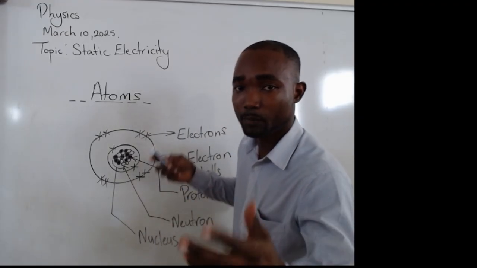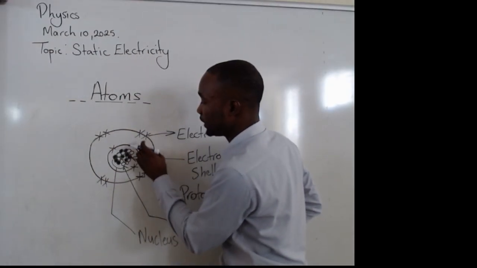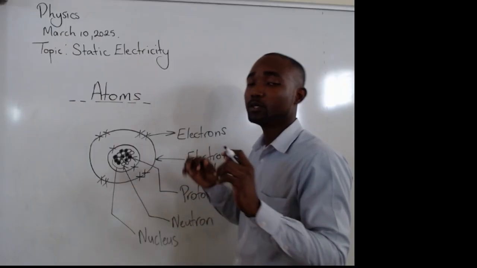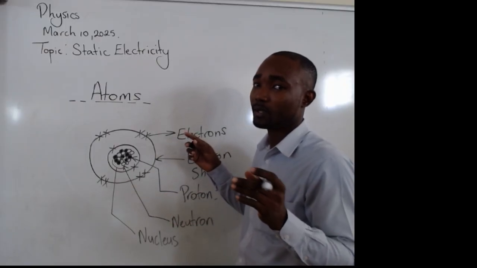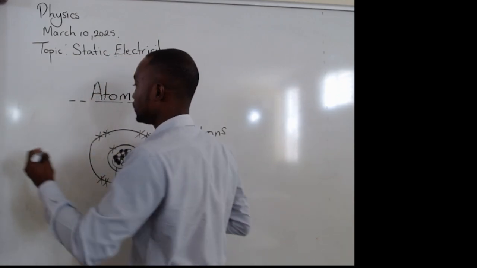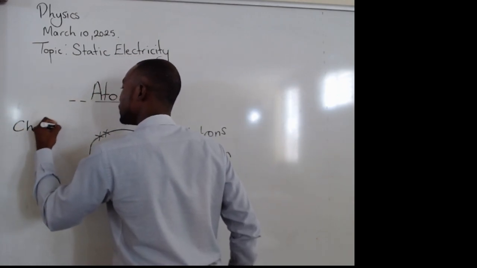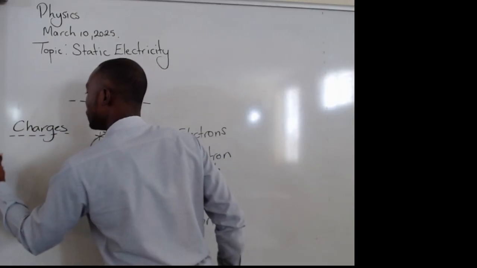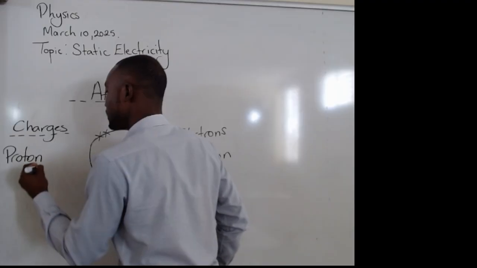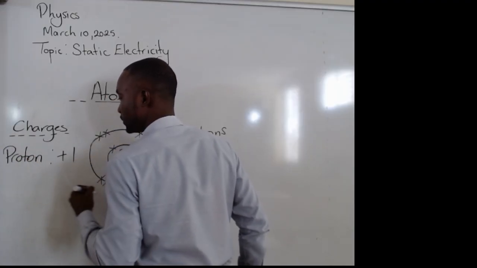Now, as we get back to charges, these subatomic particles, the electrons, the protons, the neutrons, they all have their respective qualities. Now, in terms of charge, each proton has a relative charge of +1.